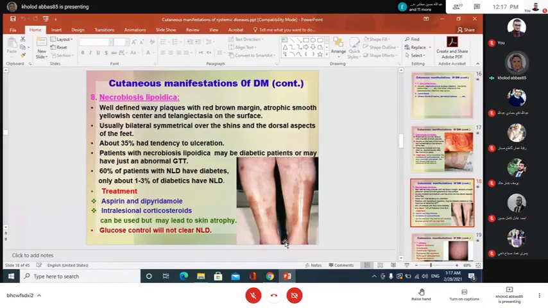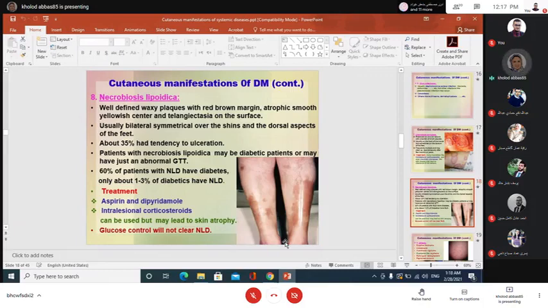35% of cases present with an ulcer. Patients with necrobiosis lipoidica may be diabetic patients, or they just have an abnormal glucose tolerance test. 16% of patients with necrobiosis lipoidica have diabetes, but only 1 to 3% of diabetics have necrobiosis lipoidica. So from the necrobiosis lipoidica side, we see that a large number of them have diabetes.